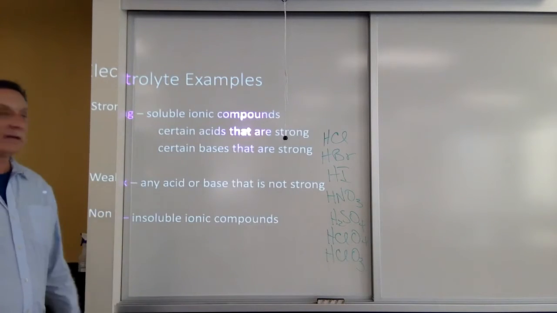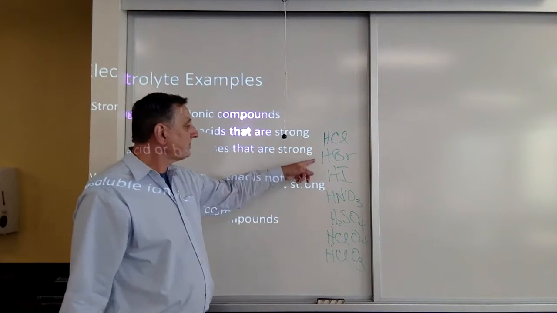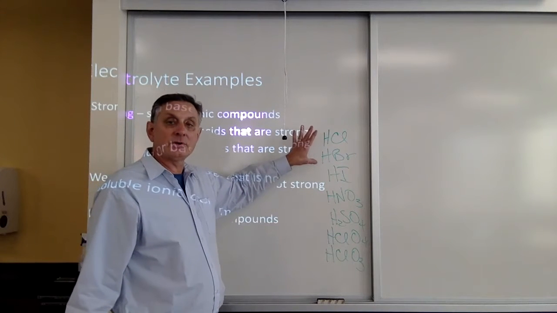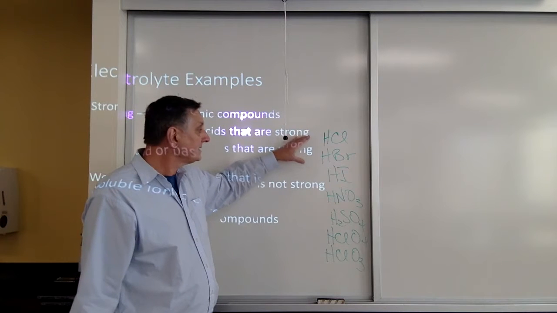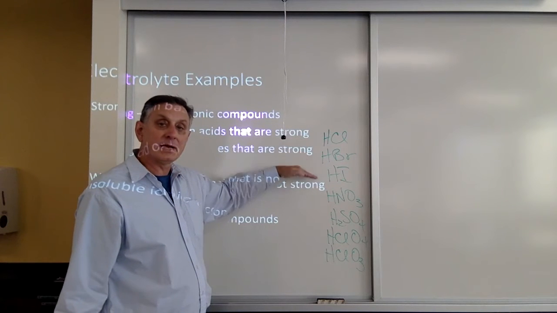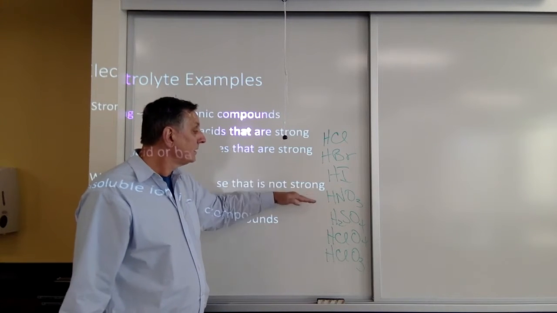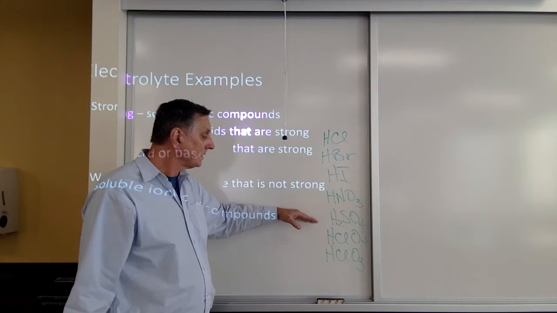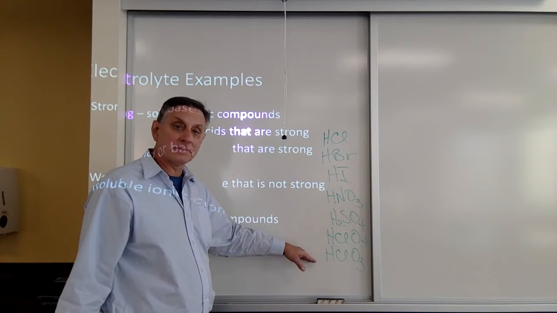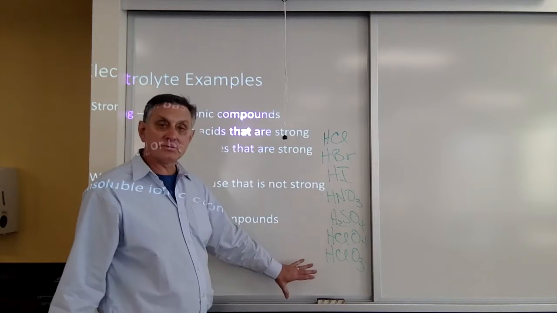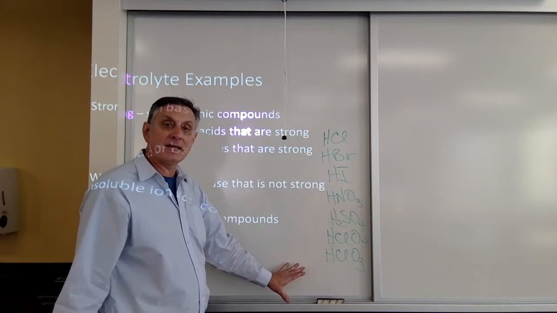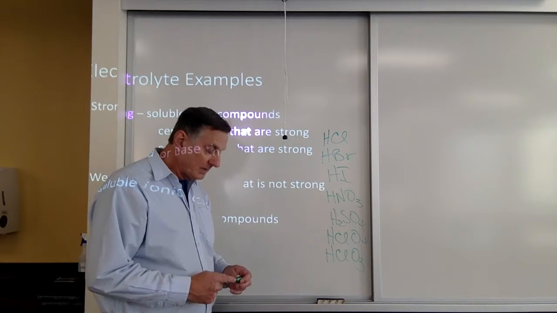These are the 7 strong acids: HCl, HBr, HI, the 3 hydrohalic acids: hydrochloric, hydrobromic, hydroiodic, nitric, sulfuric, perchloric, and chloric. Notice that hydrogen's the only cation in each case.